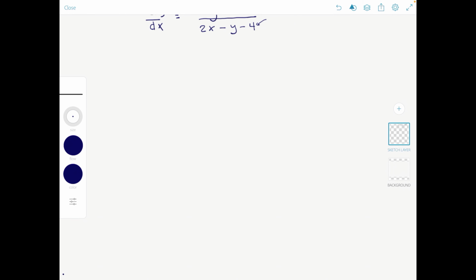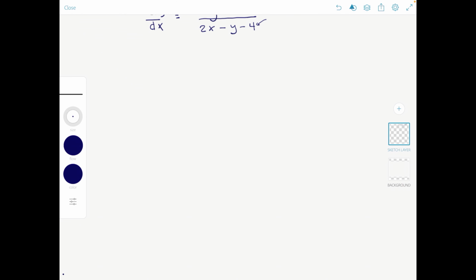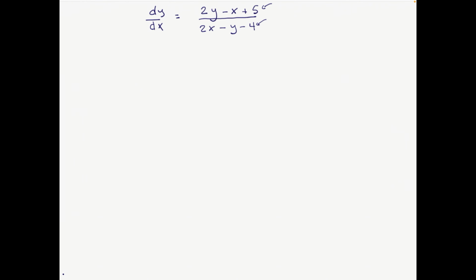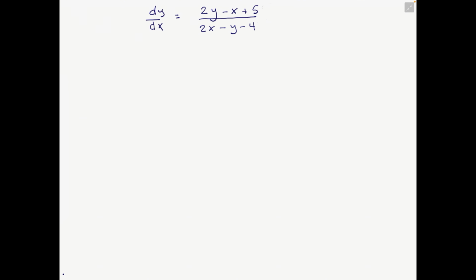Well, we kind of force it. Let's see. It's probably easier just to erase. We know that the constant values pose a problem. So what we do in this case is we choose a variable.